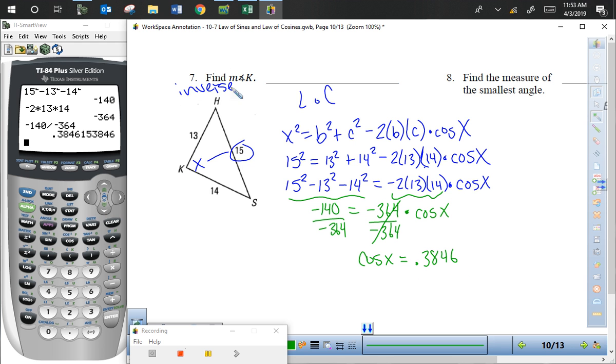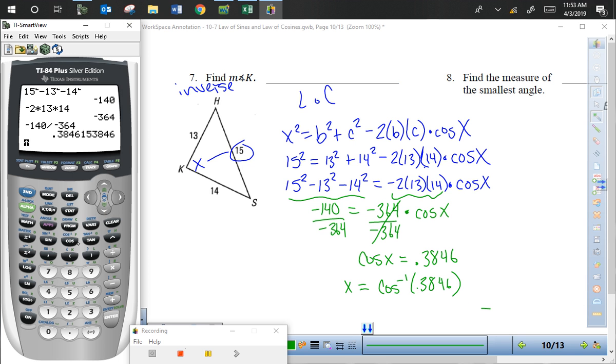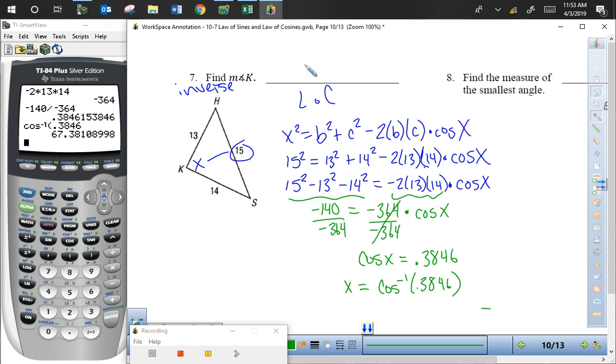But remember, we said we had to use the inverse, and that's our last step. We're going to use the inverse cosine, since that's what we see, of that 0.3846. Remember, since we are solving for an angle, we have to make sure we label our answer with a degree sign.